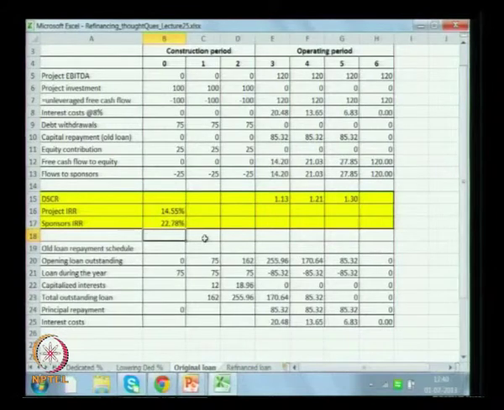22.78. Now, if you actually look at the debt service coverage ratio, as we have seen in the example of soft refinancing, it is nothing but the free cash flow divided by the total debt service requirement, which is the interest and the principal repayment.